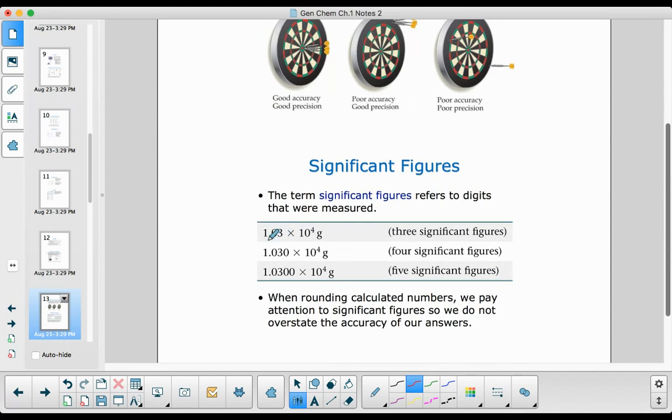When we talk about precision, we really want to look at how we write a number. If I were to write this number in scientific notation, 1.03 times 10 to the fourth, or if I were to write it as 1.030, with an extra zero here, what does this mean? First of all, this number has 3 significant figures.